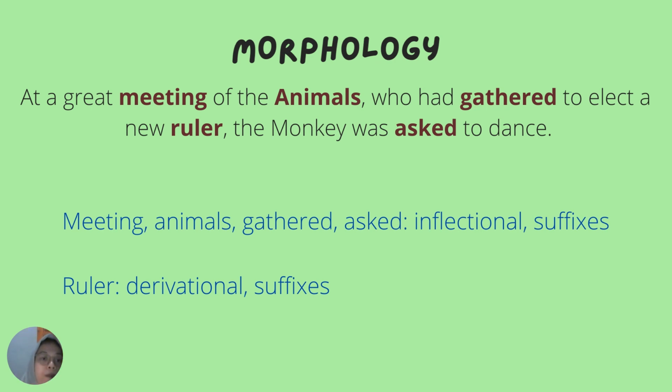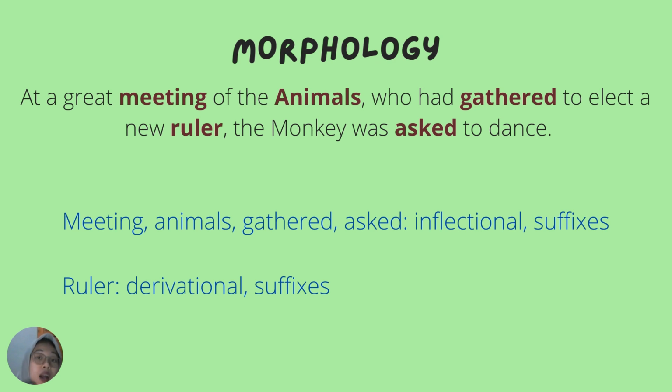Let's take a look. Meeting. Meet is a free morpheme, and ing is a bound morpheme. Ing cannot stand alone. Animals: animal and s. Gather and ed. Ruler: from rule to ruler.